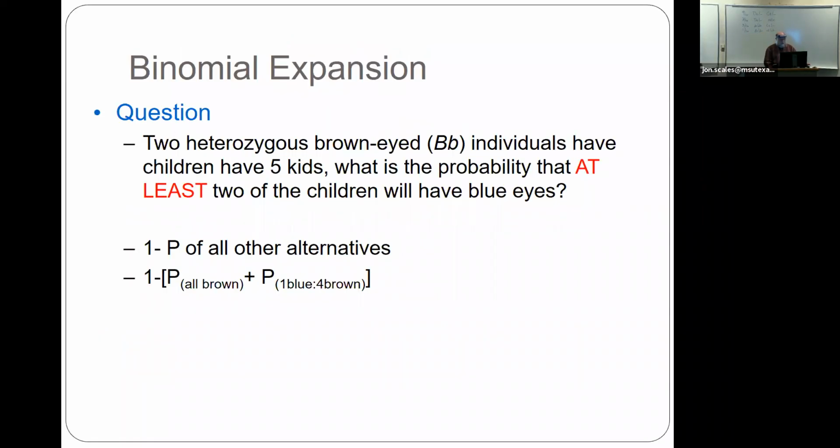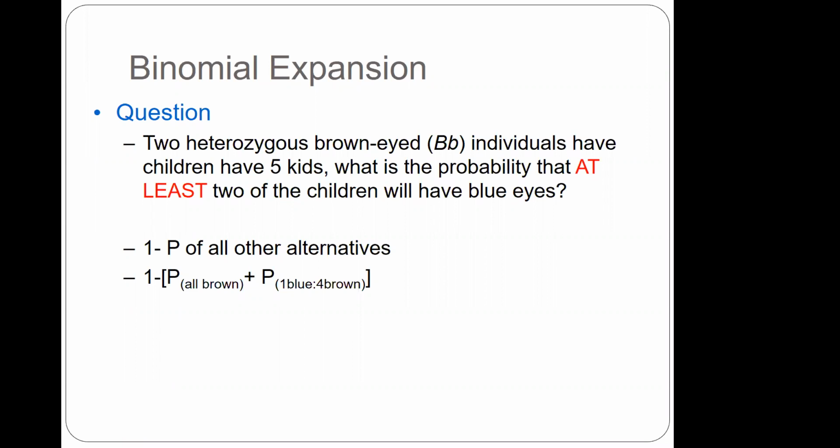All right. Now, the more complicated question and much more likely to be asked question is not what's the likelihood of 2 kids having blue eyes, but the likelihood of some number that would include more than one way for that to be answered in the positive. Okay?